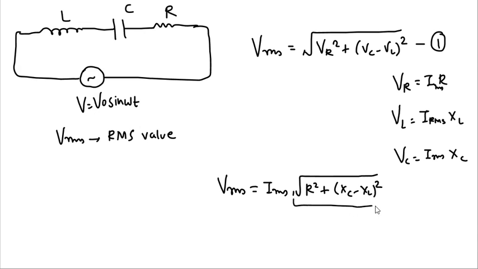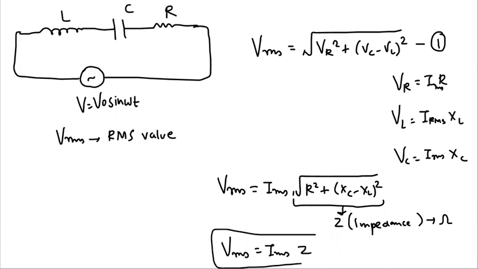This is called Z, the impedance of an LCR circuit, and the SI unit of Z is ohm. So VRMS is equal to IRMS into Z. Please remember this formula is very important both for your derivation and numerical purposes.